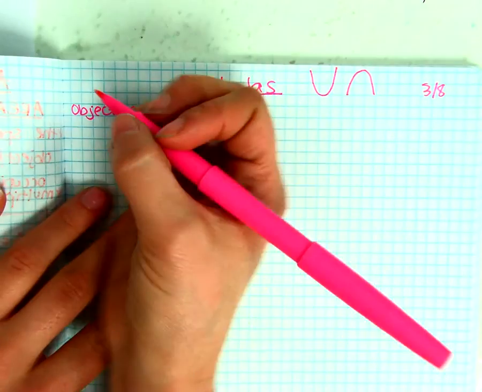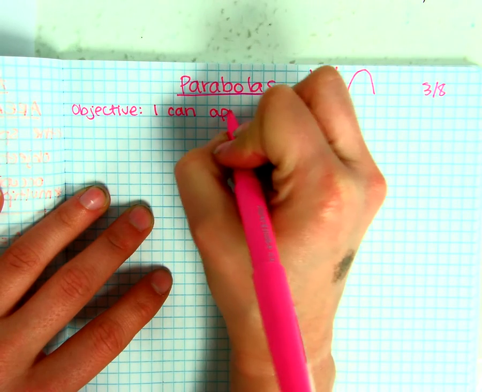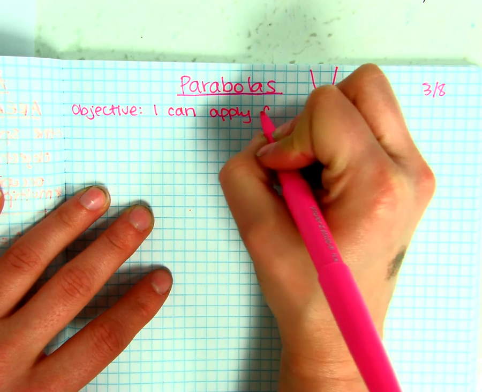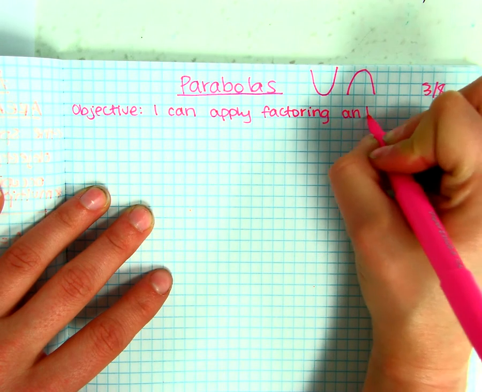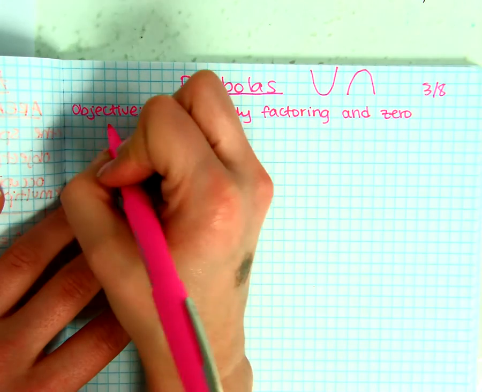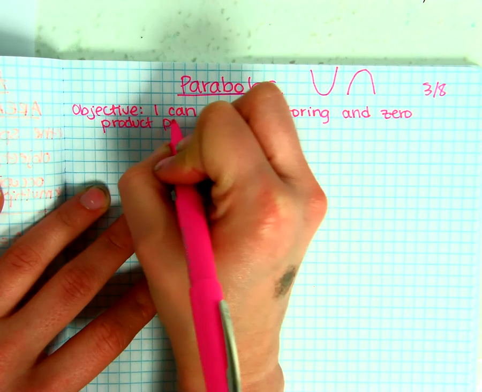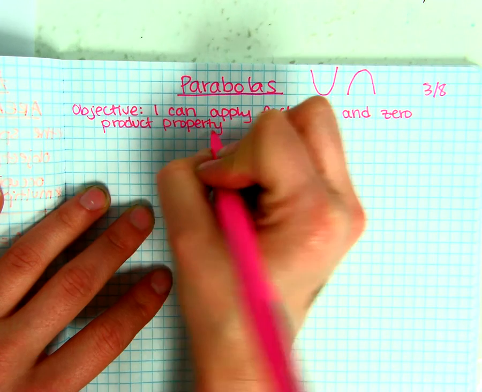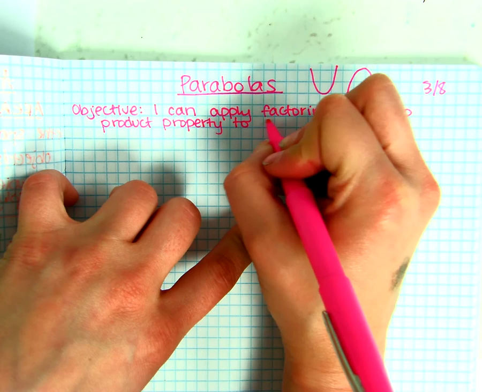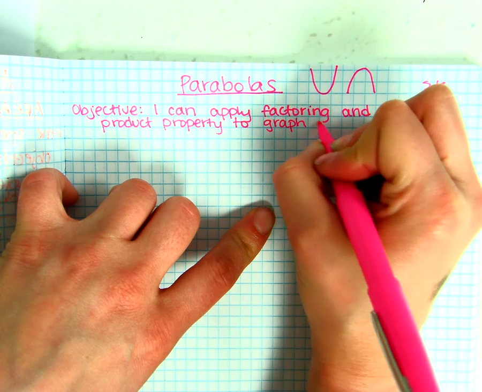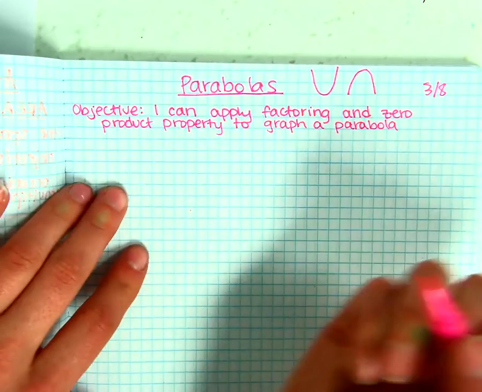So, I can apply factoring and zero product property to graph a parabola. So that's our first one.